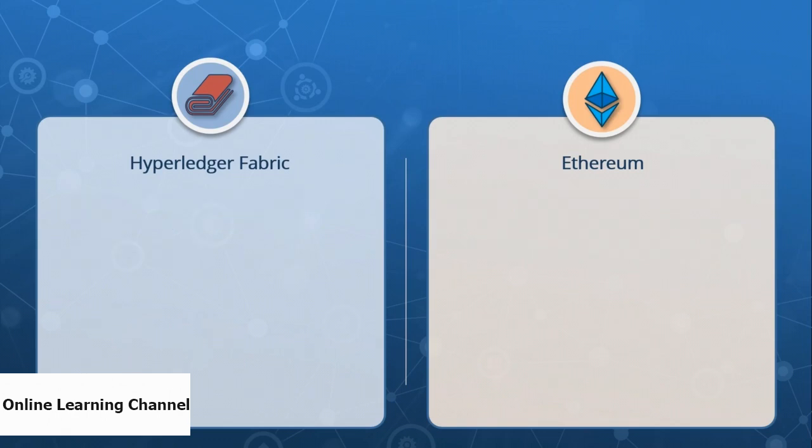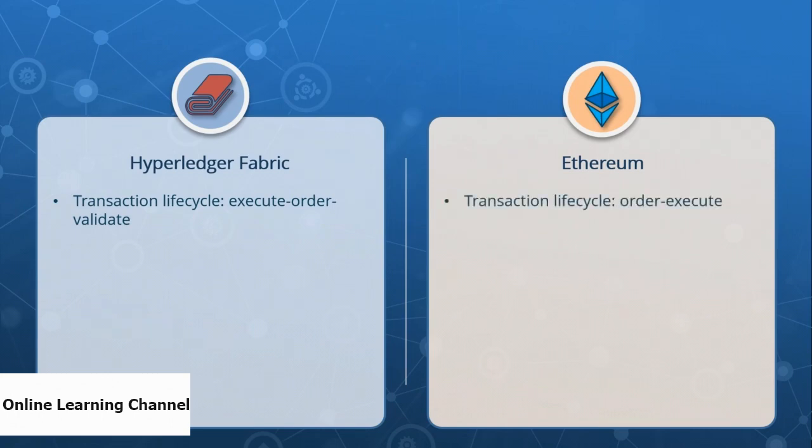Another point of distinction between the two networks is that in Hyperledger Fabric, a transaction follows a life cycle of execute, order, and validate. Whereas this is a little different in the Ethereum network, where the transactions are first ordered and then executed.